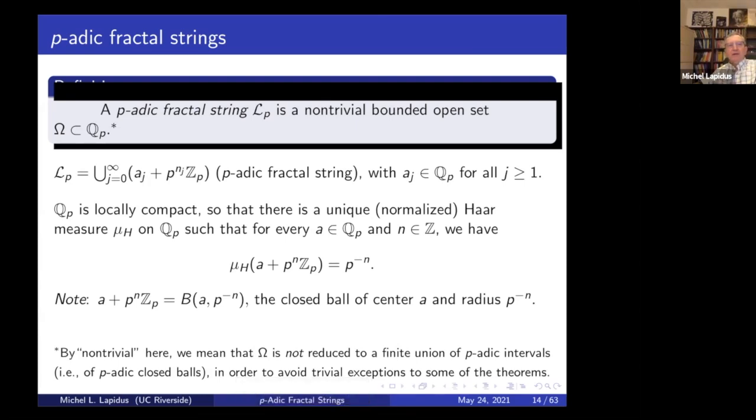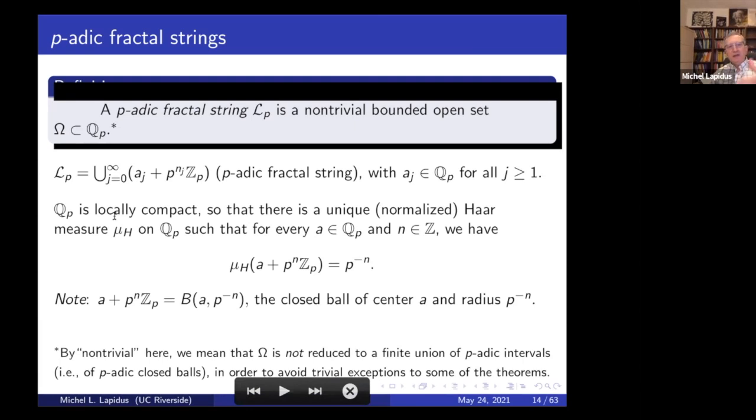Of course, a_j is somewhat arbitrary, because the center of a ball in the p-adics can be chosen anywhere inside the ball. And you take the union from j equals 0 to infinity. All right, so this is concretely what a p-adic fractal string is.